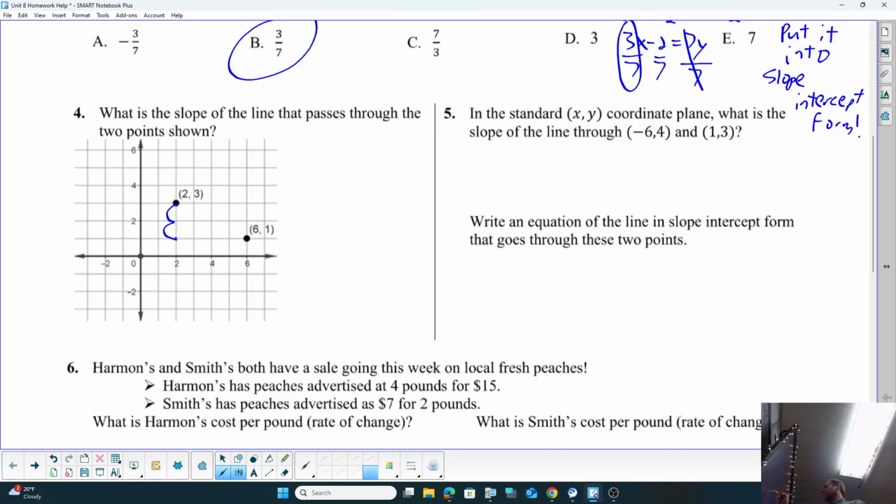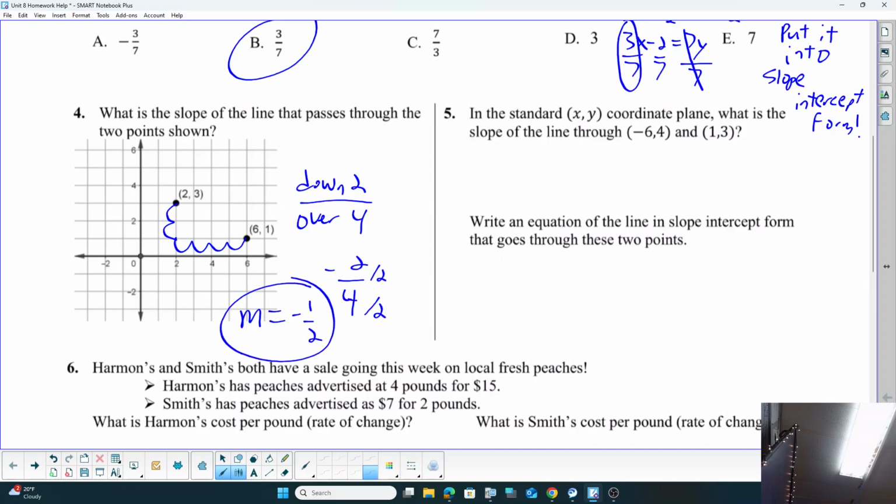Down 2 over 4. What does that reduce to? Divide by 2, divide by 2. Does that reduce to a half? What is the slope? Negative 1/2.